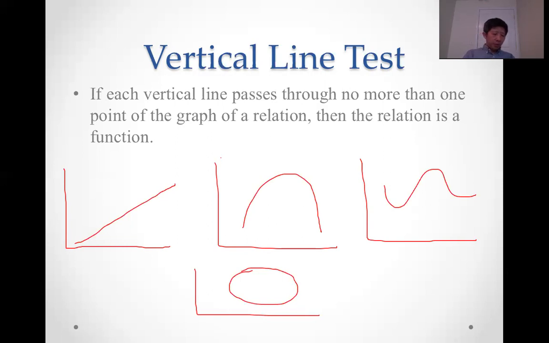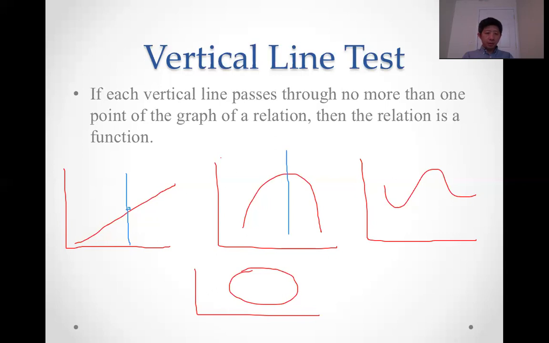Now I'm going to use the color pencil. Here is the vertical line test, so I'm going to do the test. How many points does it meet? Only one, no more than one point. Yes. Now what about this one?